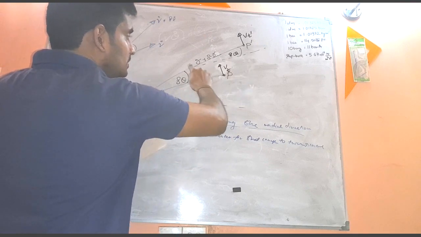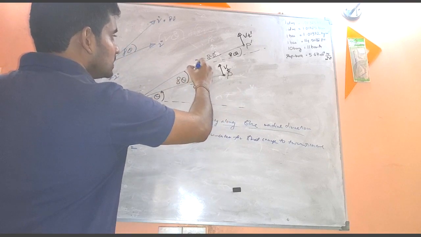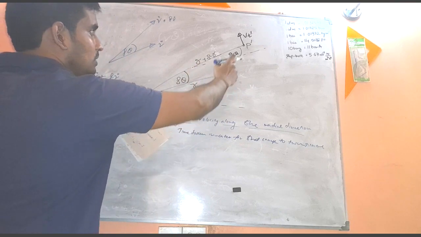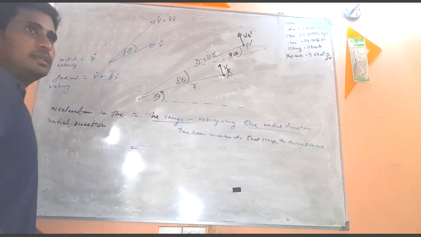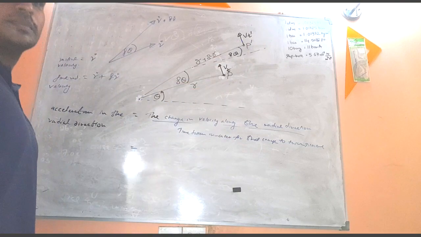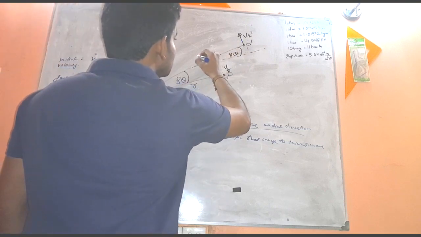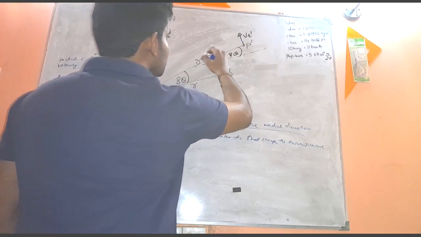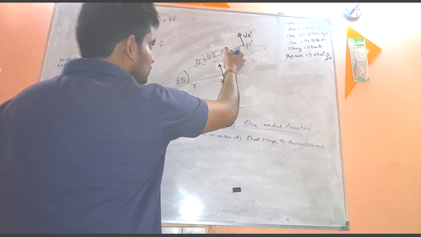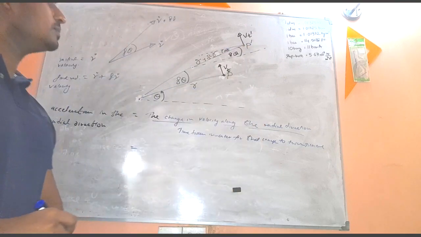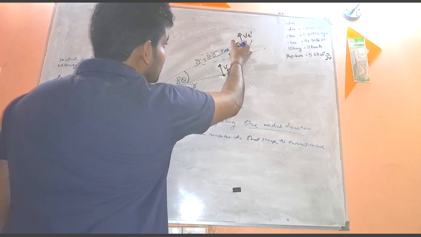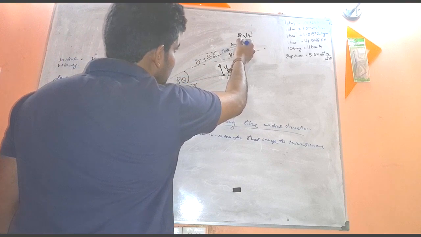Delta theta, right? If you sketch a parallel line to this one that passes through the final direction, then what is this inclination? That is delta theta. Again, if you sketch a parallel line like that, what is this angle? That is also delta theta. I hope you got it, right? So then what is this angle? This will be 90 minus delta theta, right?